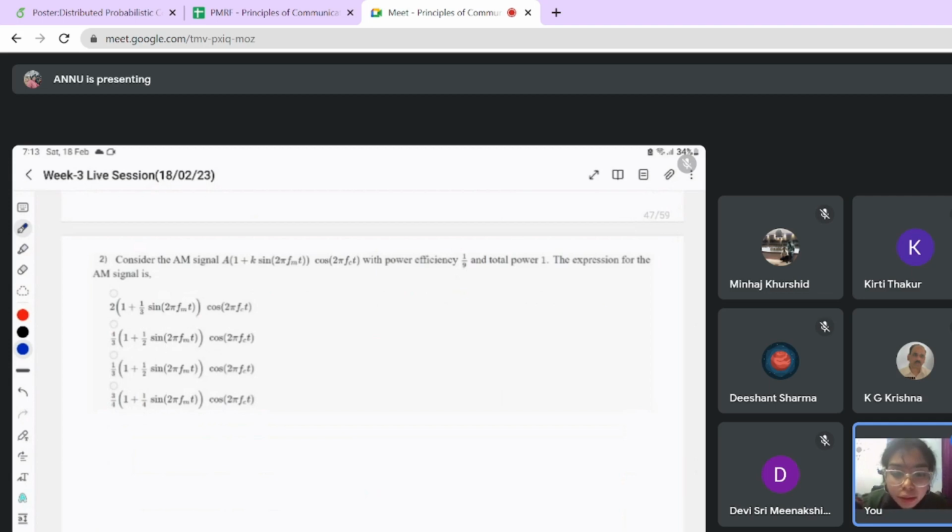Okay, then Kirti and Kushid only, you will solve these two questions. You have the value of power efficiency and the value of total power. The expression for the AM signal is asked. Sorry, this is not the answer. I have to solve it also. So please solve it. Yes, ma'am. You have to get the value of A and K.